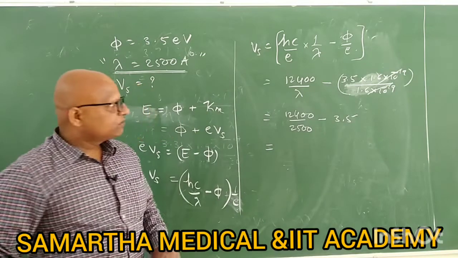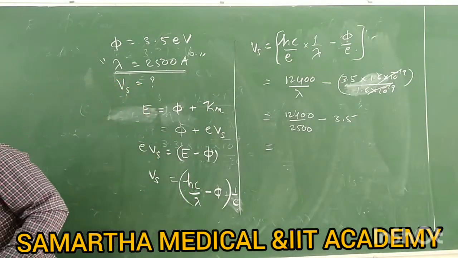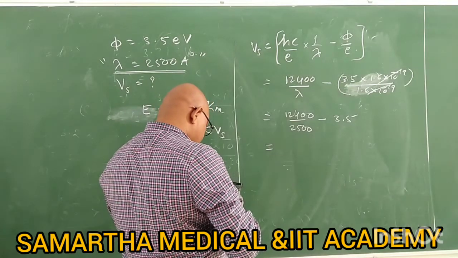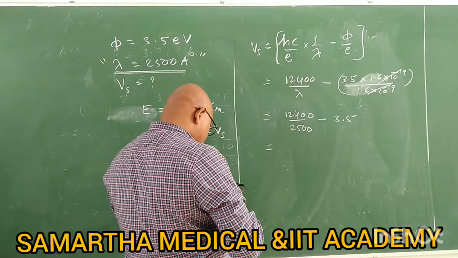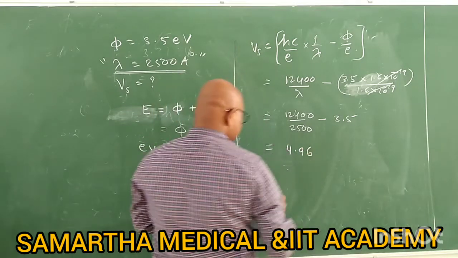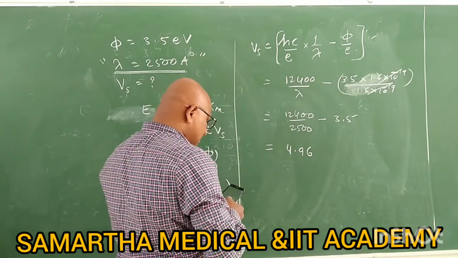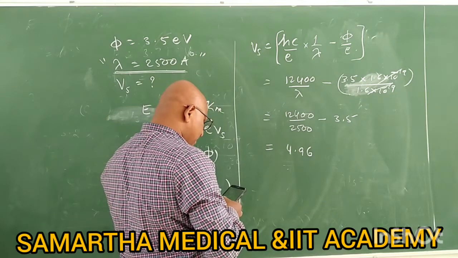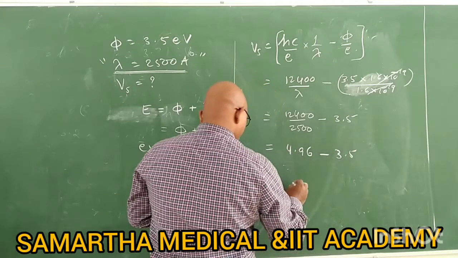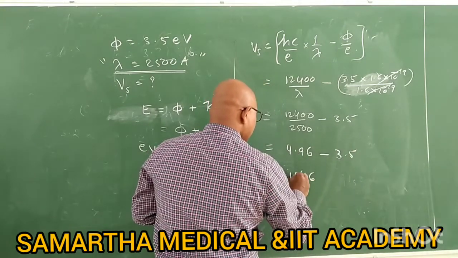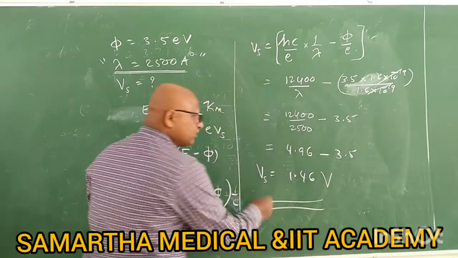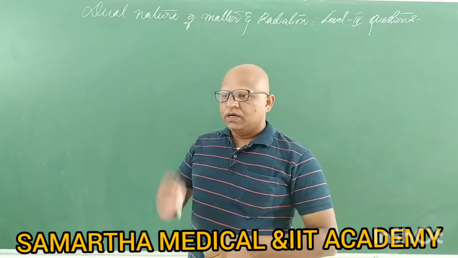So 12,400 divided by 2,500 is 4.96. From 4.96, if you subtract 3.5, you will get 1.46. This is the Vs, 1.46 volts.